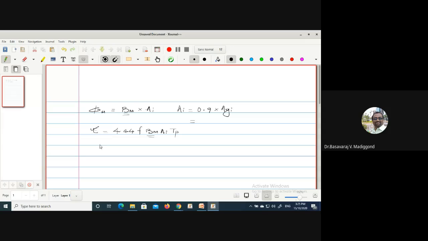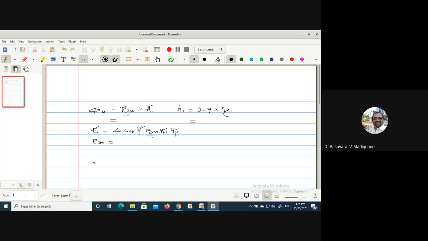You know E, so you know f also, you know Ai also, you know TP also. Once you calculate Bm, substitute the value of Bm here. And you know Ai. So you can easily find out what is phi m. Okay. This is the calculation of maximum flux in the core.